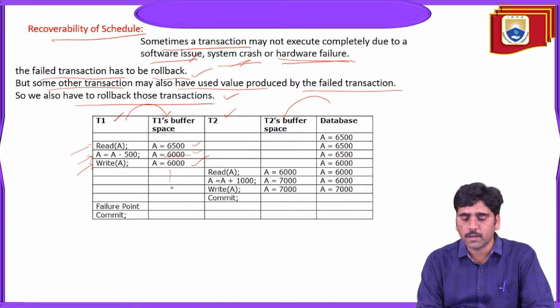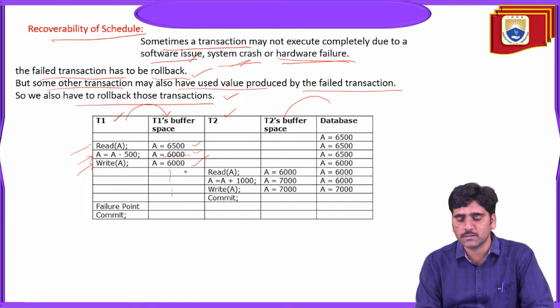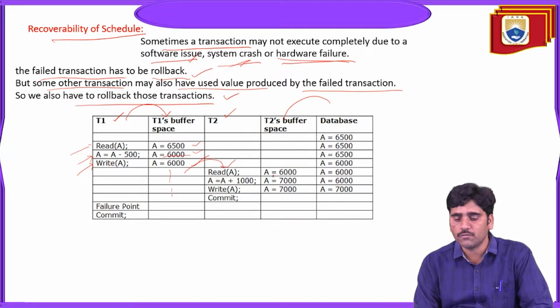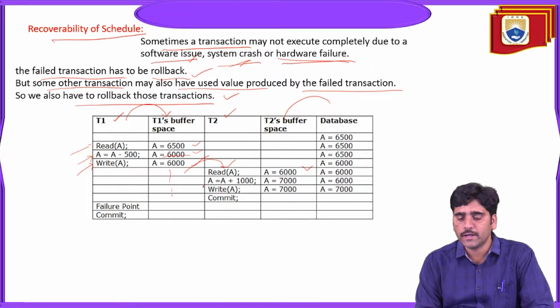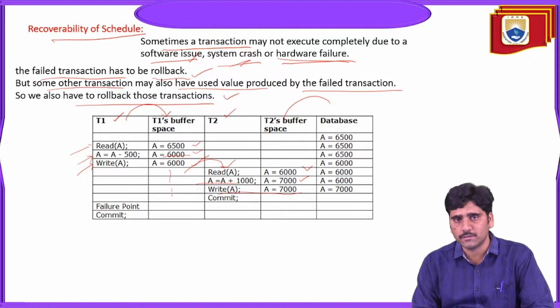But after some time, transaction 2 reads the value updated by transaction 1. What will it display? It displays 6000. When I credit 1000 rupees, I am performing a write operation in transaction 2. Now the amount is 7000. If I access that amount, it is 7000. Now I commit the transaction.